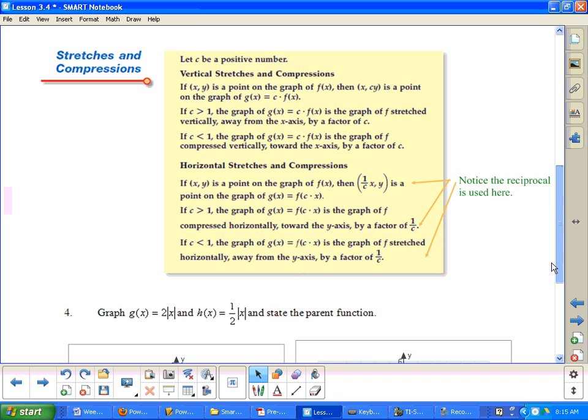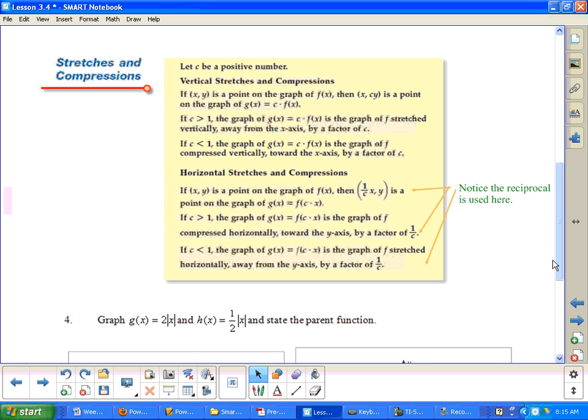Okay, so here is the stretches and compressions part. Stretches and compressions. We're going to put it all together, and you'll have a pretty good idea when we're done. Vertical stretches and compressions. If it's vertical, if C is greater than 1, that means it's going to be a stretch.